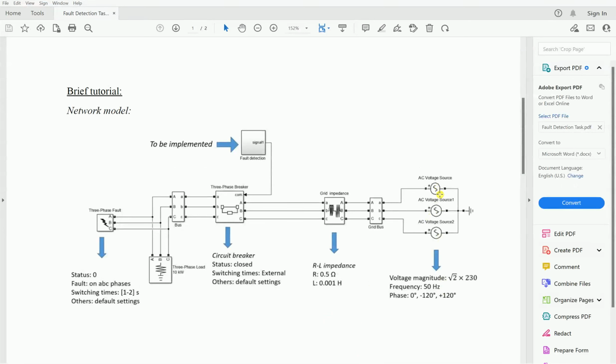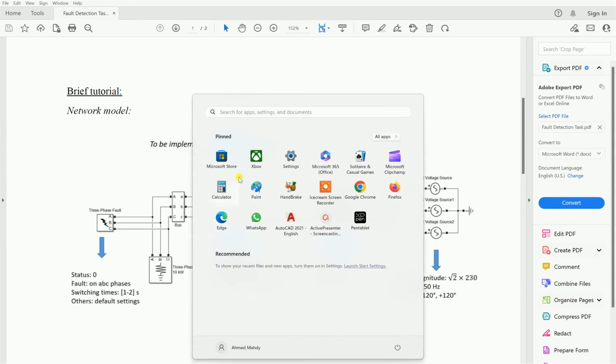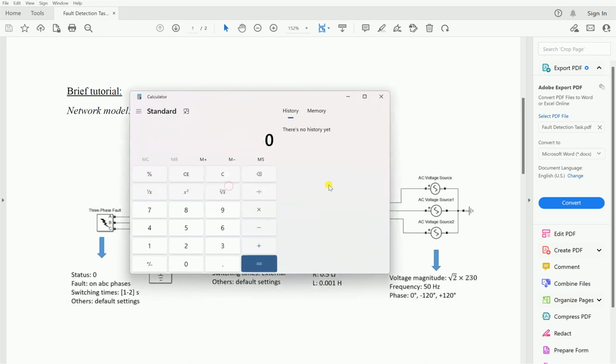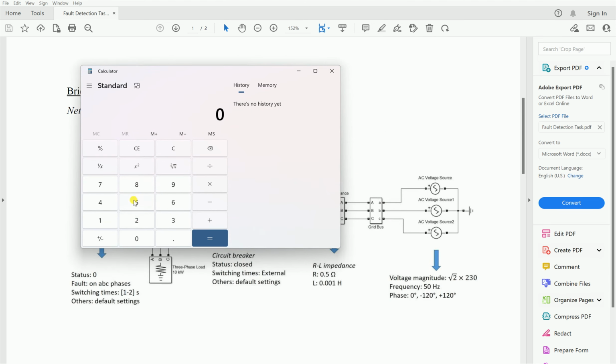We have a three-phase supply, each one with magnitude root 2 multiplied by 230. This is the magnitude, so let's choose our calculator here. Root 2 multiplied by 230 is the phase voltage, the magnitude of each of these supplies.